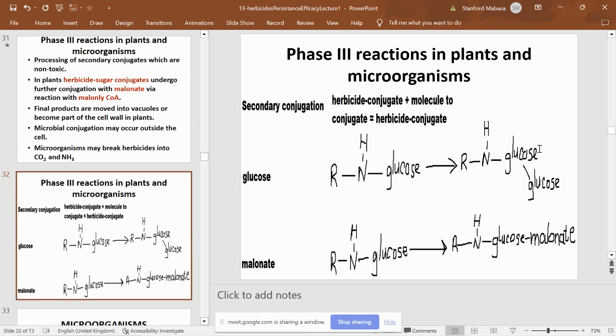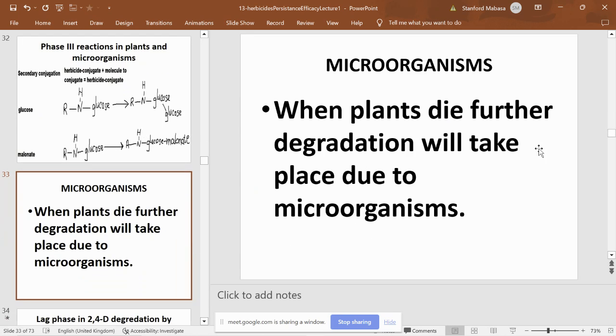We all talked about this yesterday. What I will just say here is that when plants die, further degradation may take place due to microorganisms.